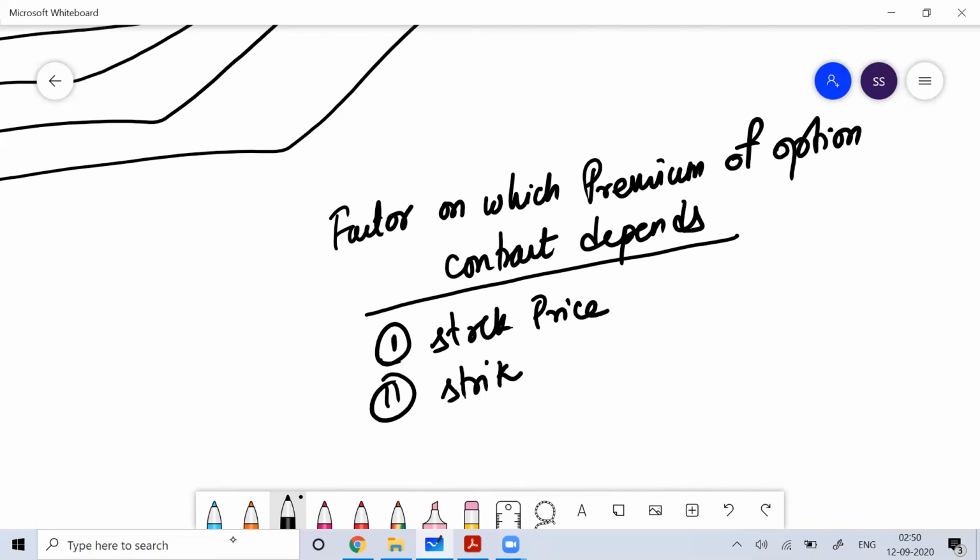The difference between the stock price and strike price ultimately determines whether an option contract is in the money, at the money or out of the money, and based upon that we decide the type of option contract. Premium depends on them.